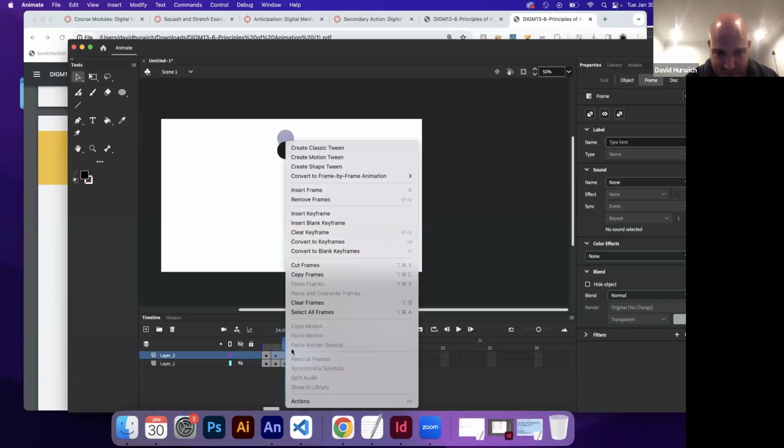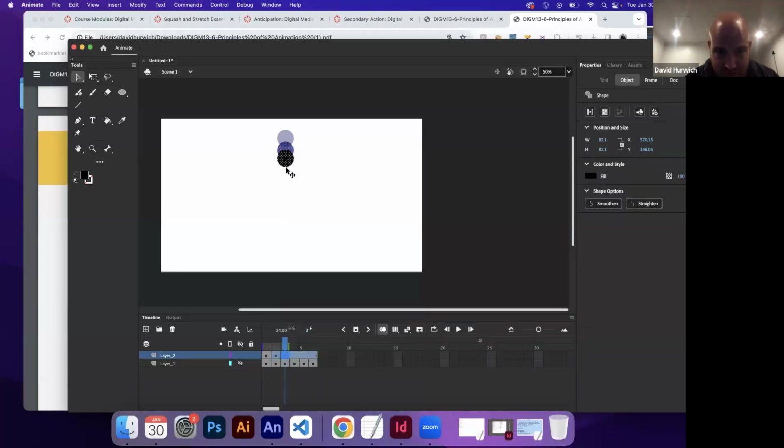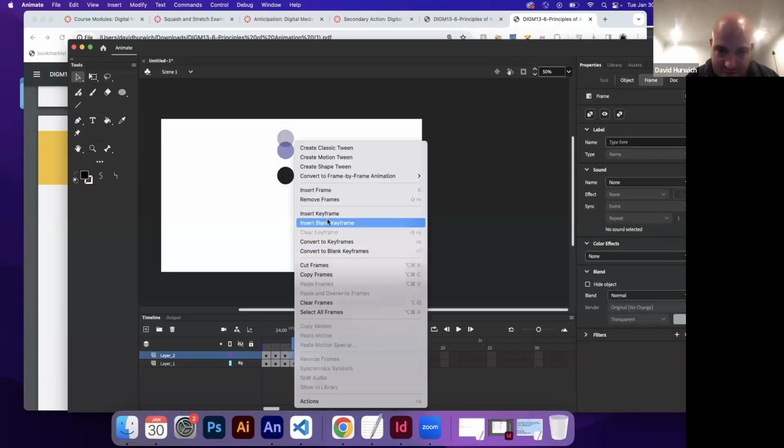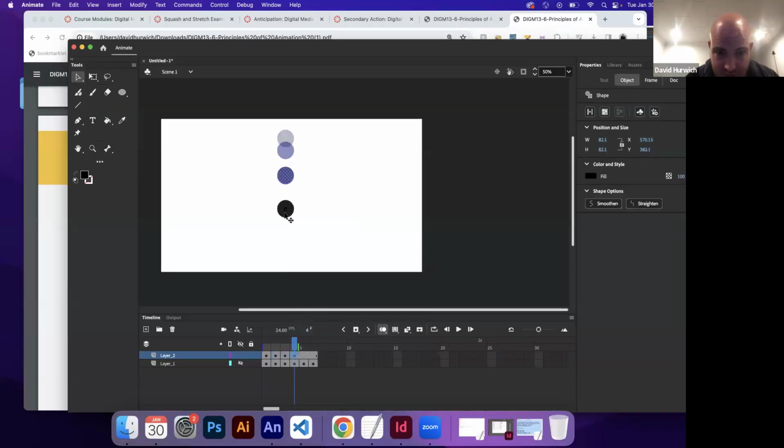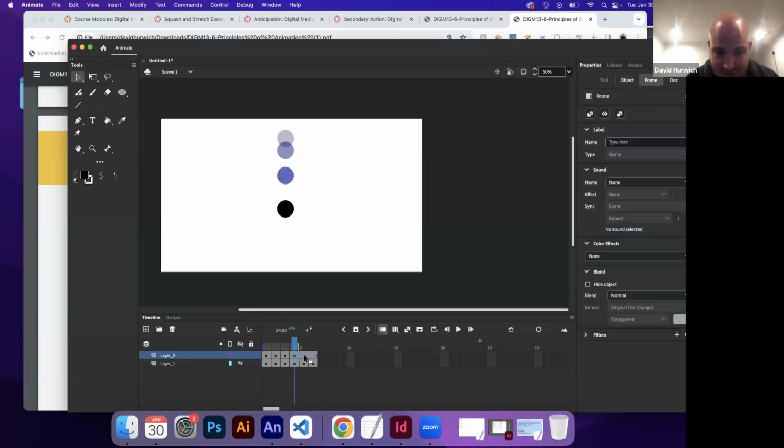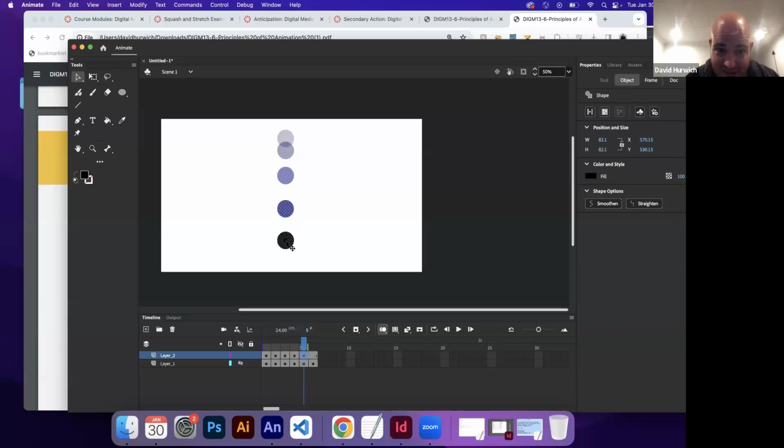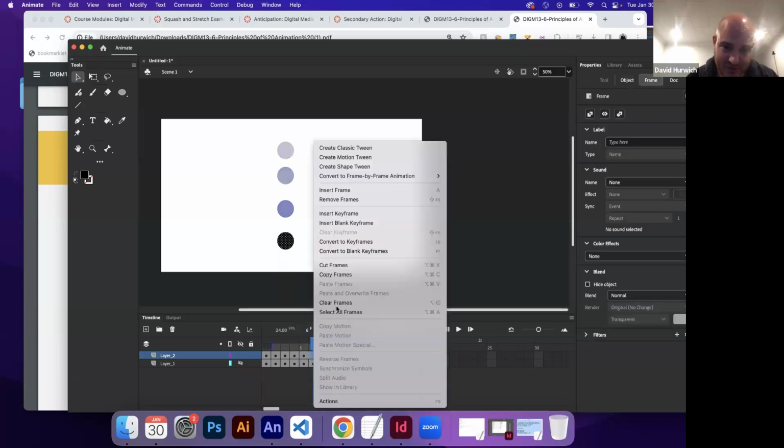And then for the next one, let's get a little more distance, and then a little more distance. The reason I'm doing this is to make the ball look like it's speeding up. Each time it's a little bit farther than it was before. The bigger the jumps, the faster your object's accelerating.